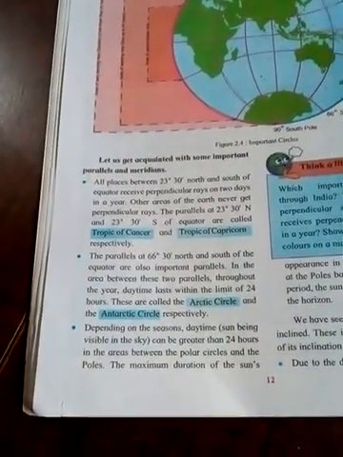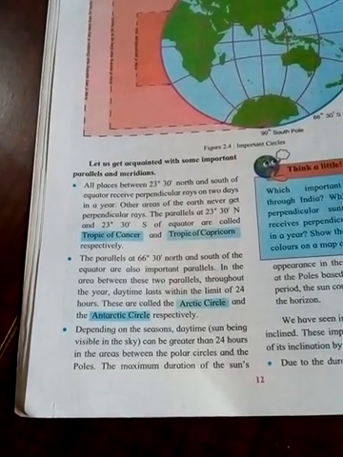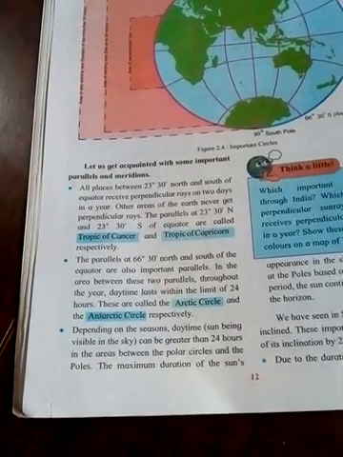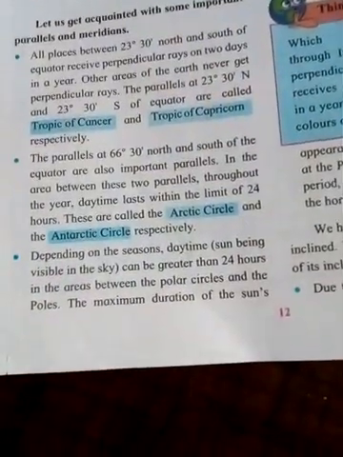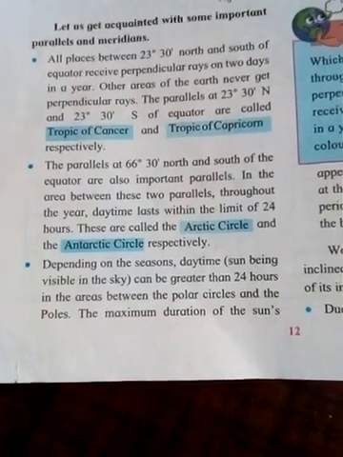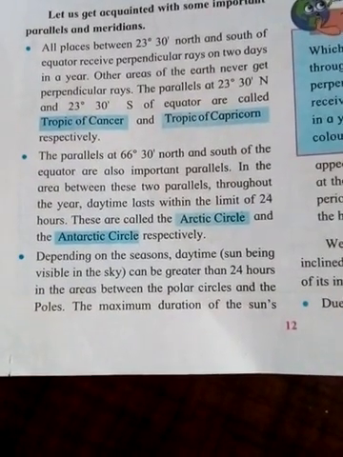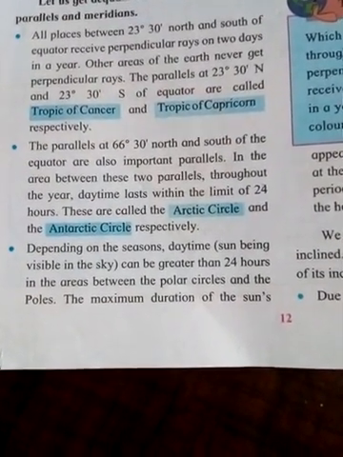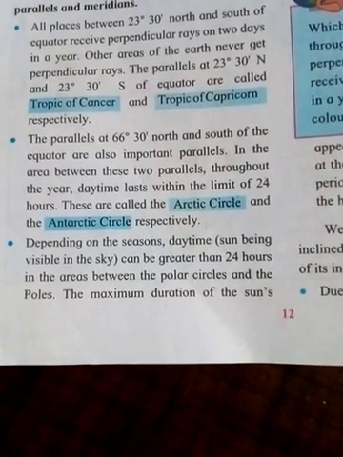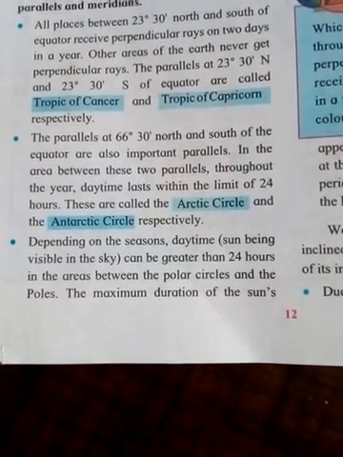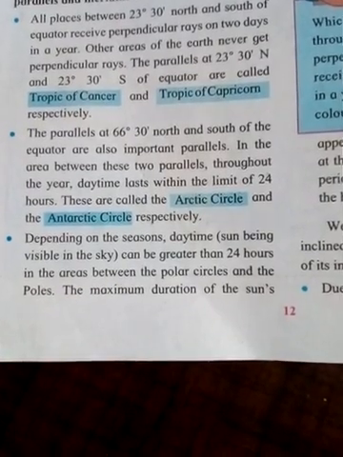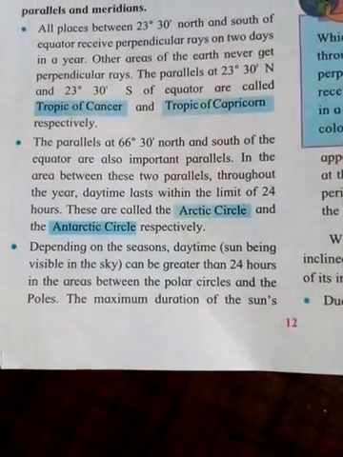Depending on the season, the daytime can be greater than 24 hours in the areas between the polar circles.